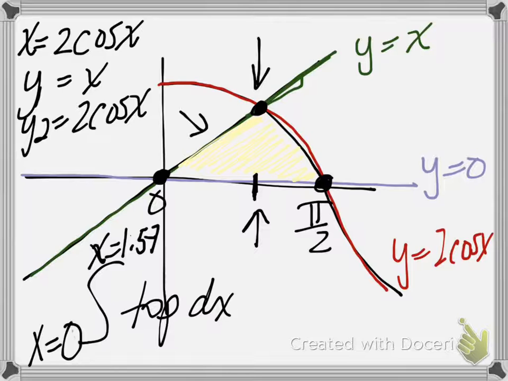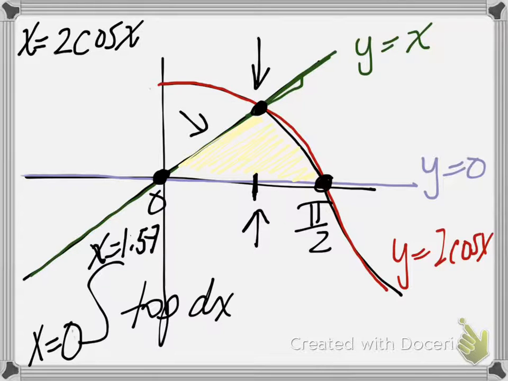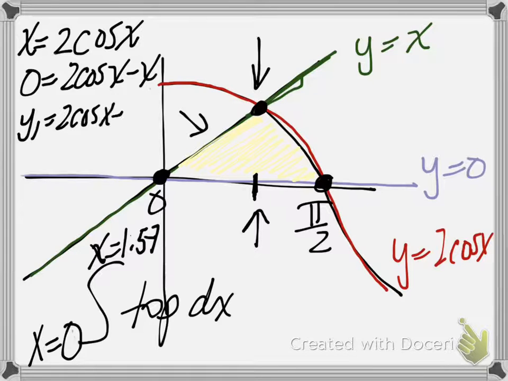Or, if you prefer, you can set this equal to 0 by saying 0 equals 2 cosine x minus x. And then in your y1, you're going to put 2 cosine x minus x, and then go into second calc and choose 0 and see where that's going to be. Turns out that this is going to happen at x equals 1.03. So this point right here is 1.03.